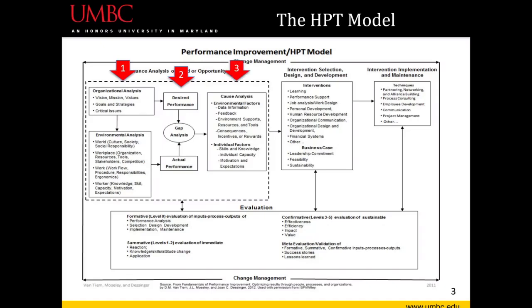Then last week, we studied the behavior engineering model to determine if the factors that caused the performance gap were either environmental or individual or even a combination of both. So now we are venturing outside of the analysis phase of the methodology and digging into the various interventions available to us as performance improvement consultants.